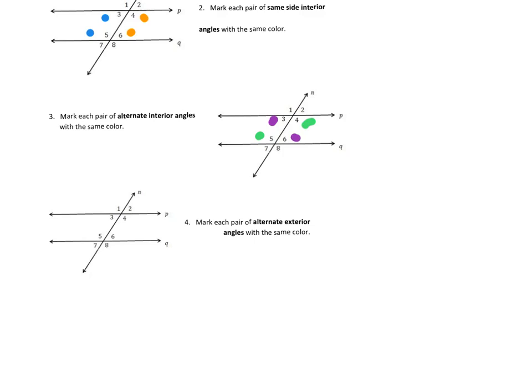Finally, we want to mark each pair of alternate exterior angles with the same color. They're going to be on opposite sides of the transversal, and outside of the lines being intersected. So that's going to be 1 and 8, as well as 7 and 3.